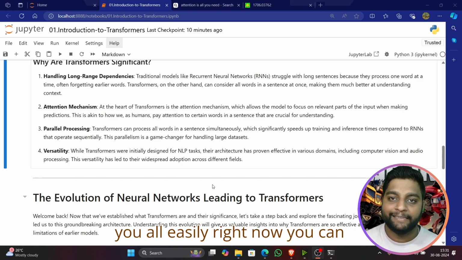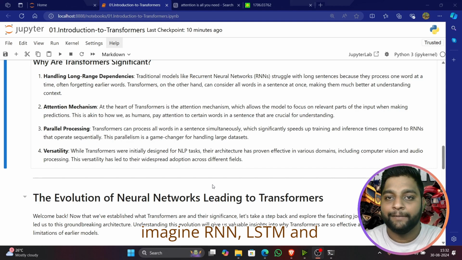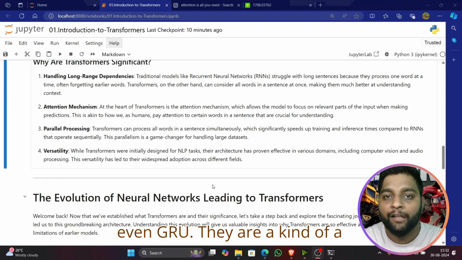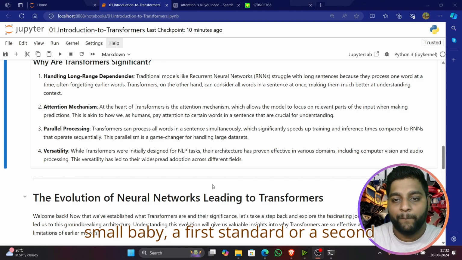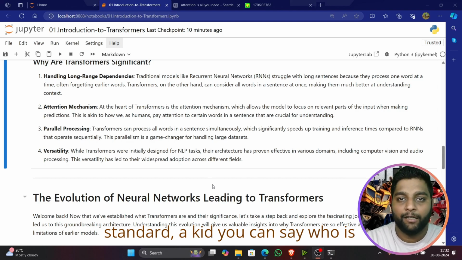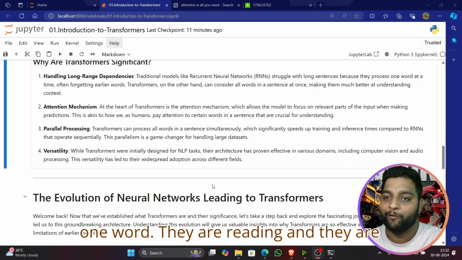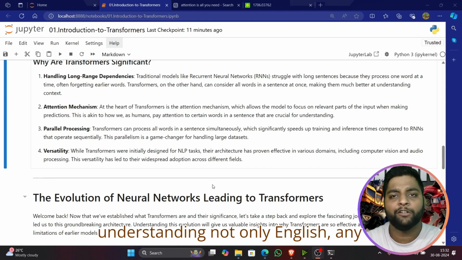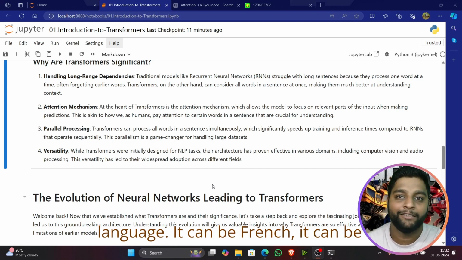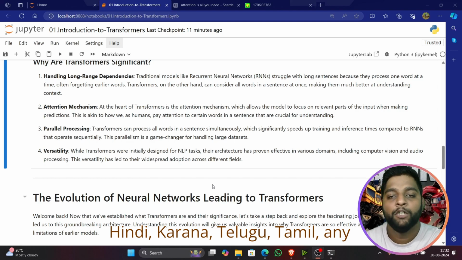Like to say, you can easily imagine RNNs, LSTMs and even GRUs as a small baby, a first standard or second standard kid, who is struggling to understand English, one word at a time. Not only English, any language: it can be French, Hindi, Kannada, Telugu, Tamil.